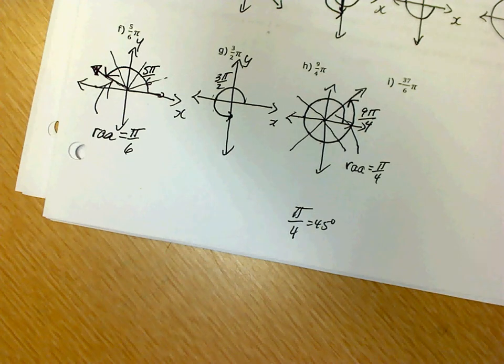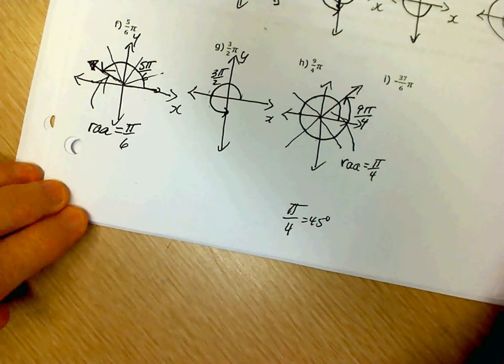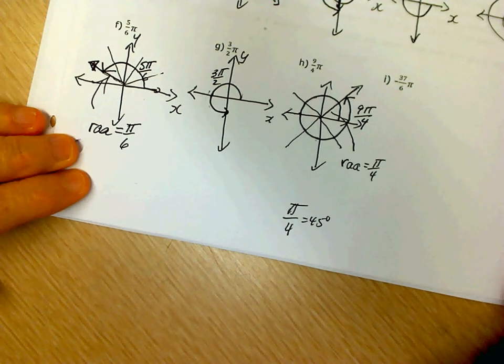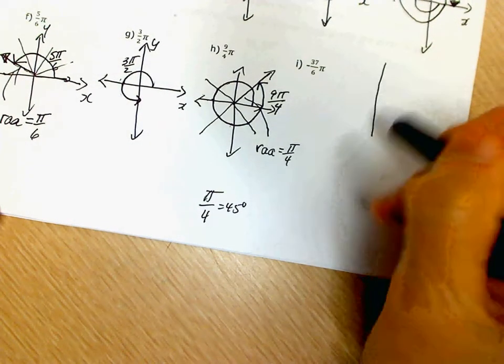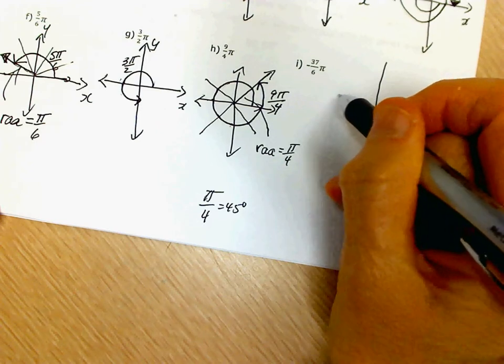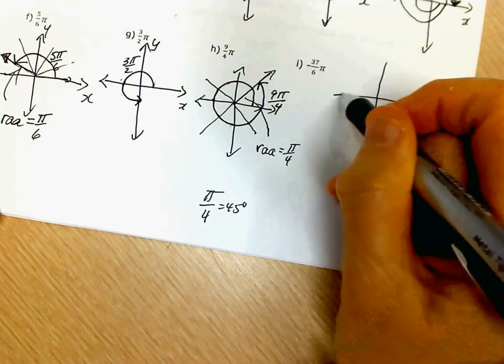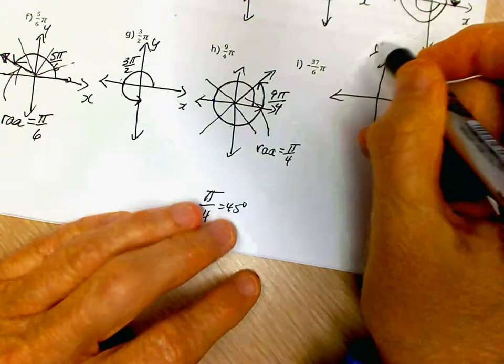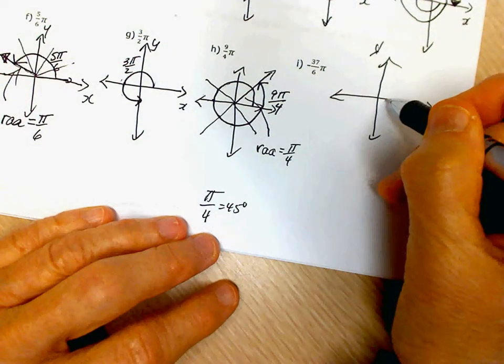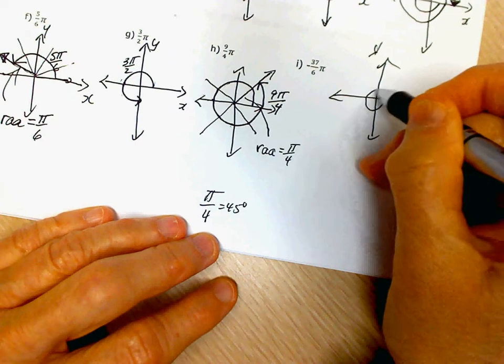Now, minus 37 pi by 6. Okay, ready? Minus 12 pi by 6, right?